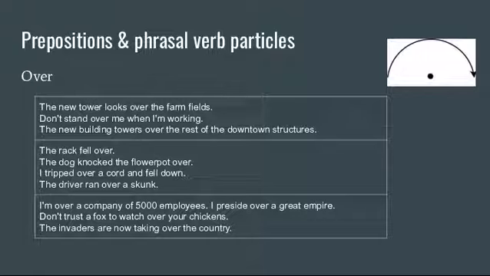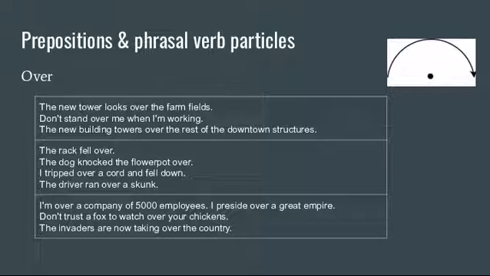This can also be extended to somewhat metaphorical expressions, and in fact a lot of times these prepositions and phrasal verbs have metaphorical meanings, and that's why they're hard to learn for someone learning English as a second language, because of all the metaphorical meanings involved.